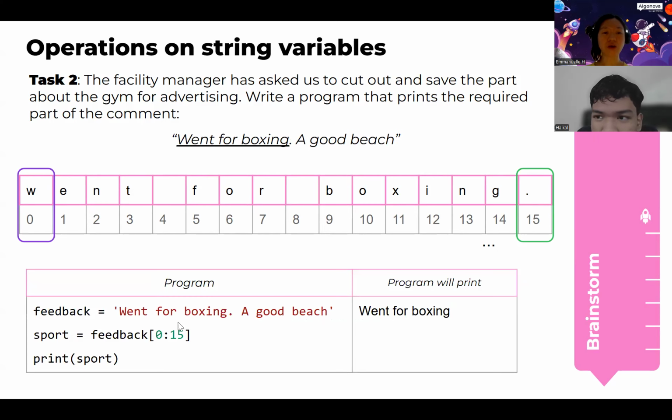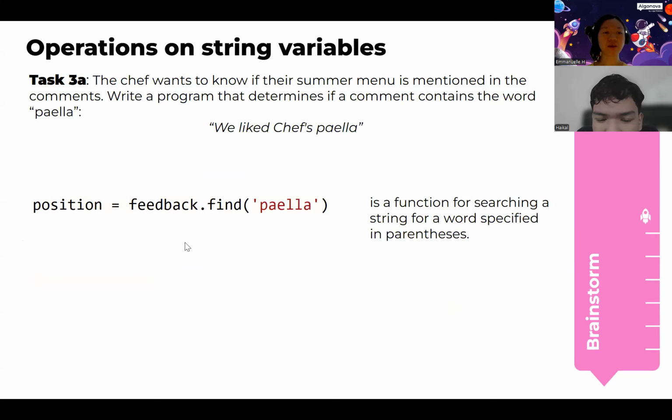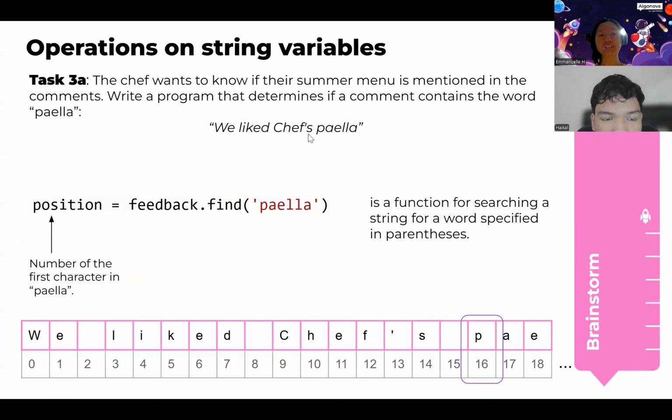So for example, like this, "when for boxing". Then we have another sentence, "We like paella." If we want to find a character or a word, for example paella, the program will count the index.